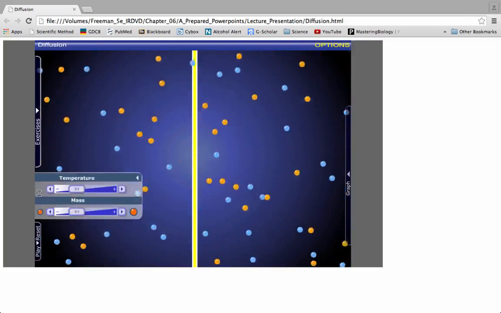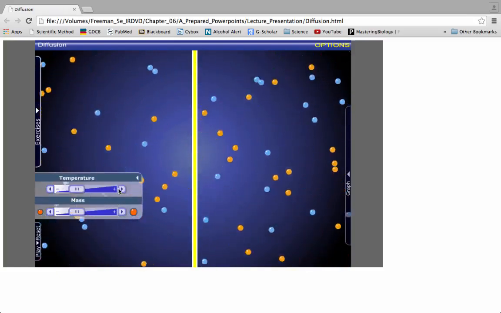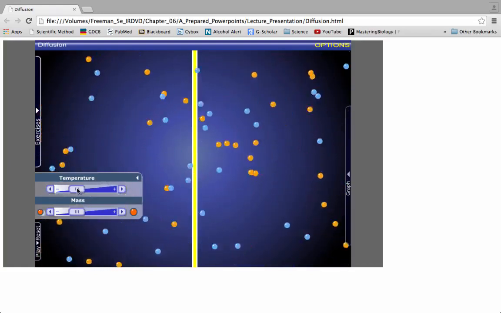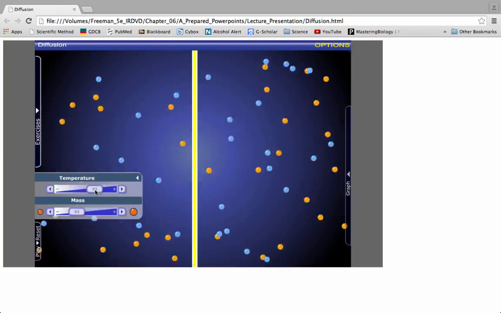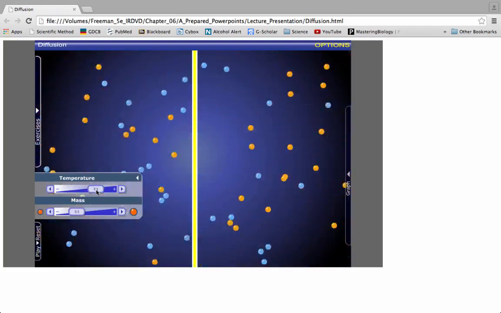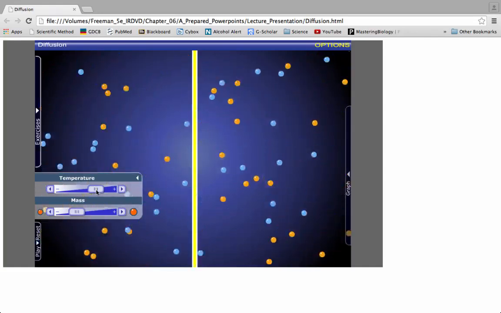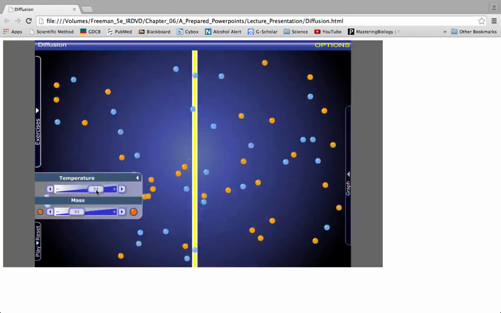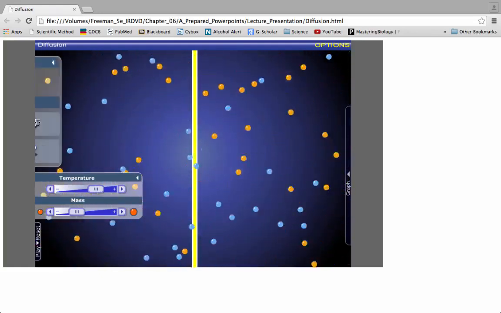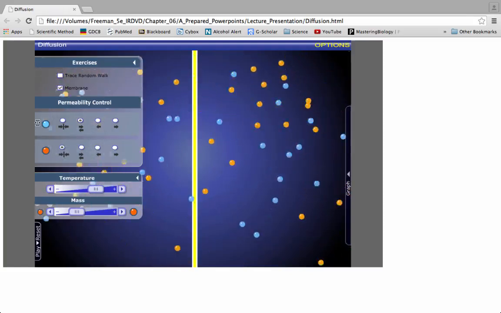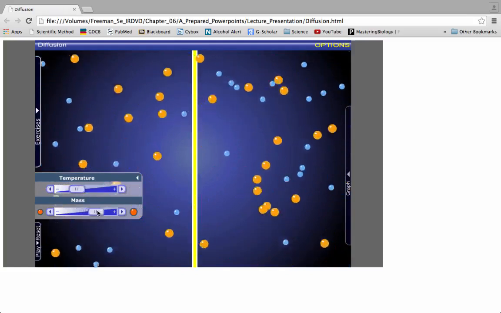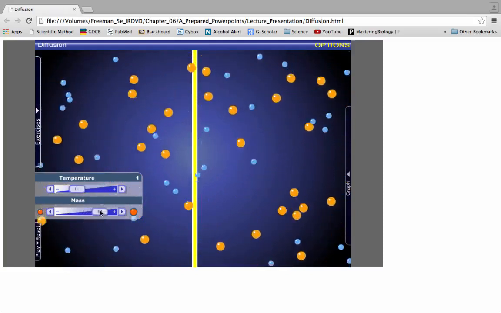A few other variables we can add to this system is increasing the temperature. So if we're putting more energy into the system, these molecules move faster because they have more energy. Their motion increases. And if the membrane is permeable to the blue molecules, you're going to see them cross the membrane more quickly. You can also change the mass of molecules, and in particular the orange ones.